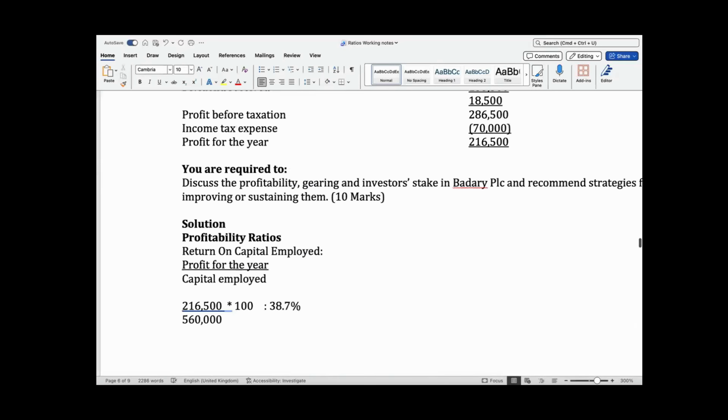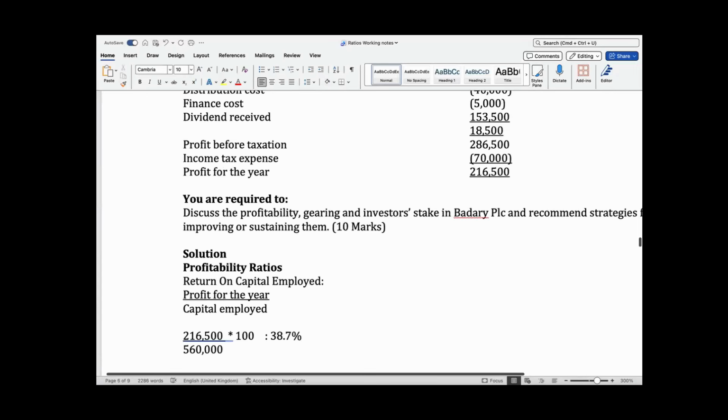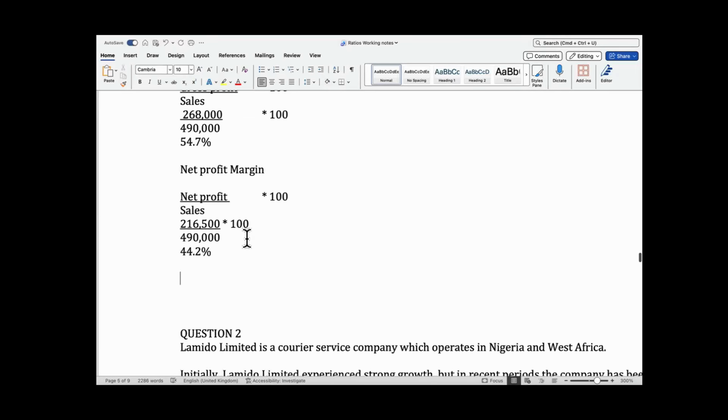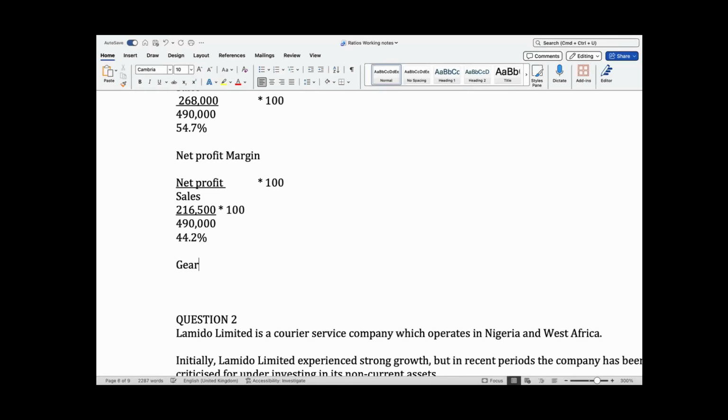So for my gearing, I will do gearing ratios.